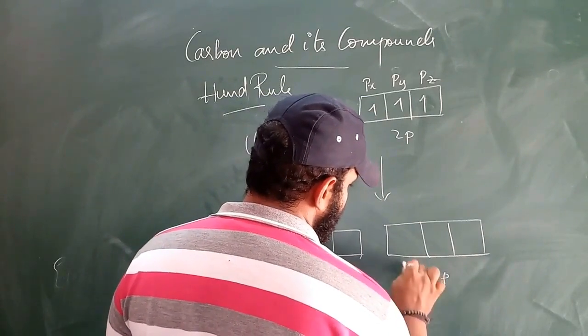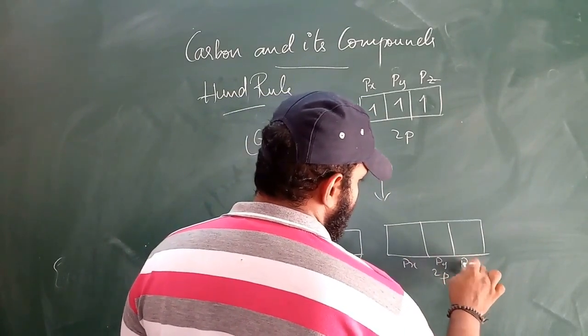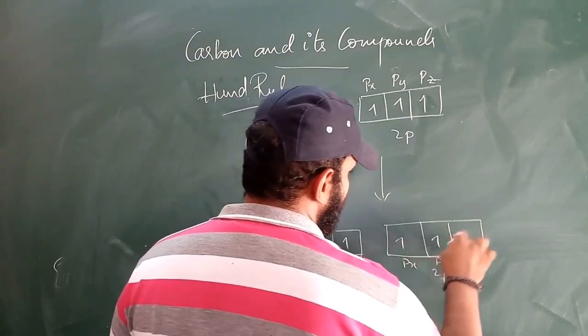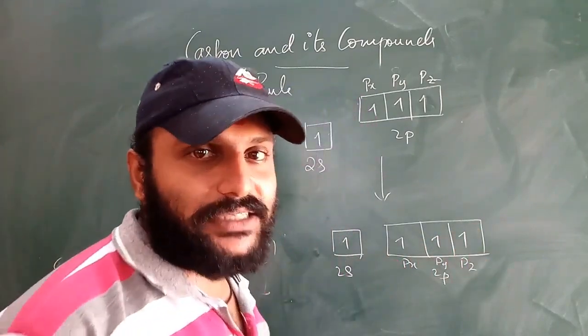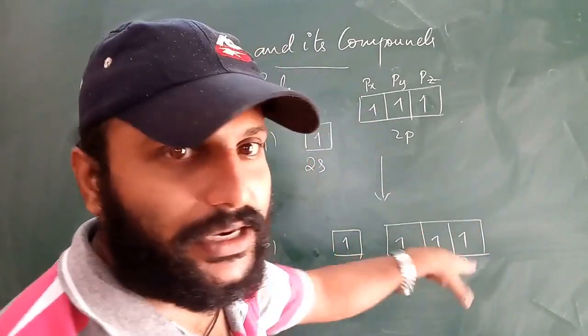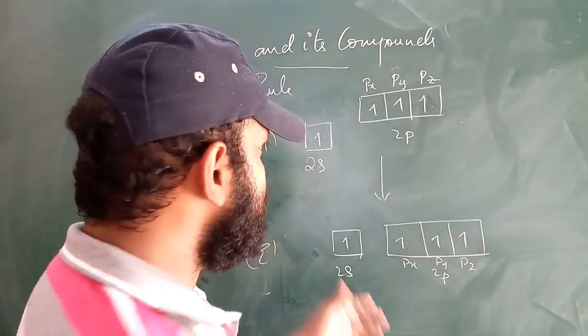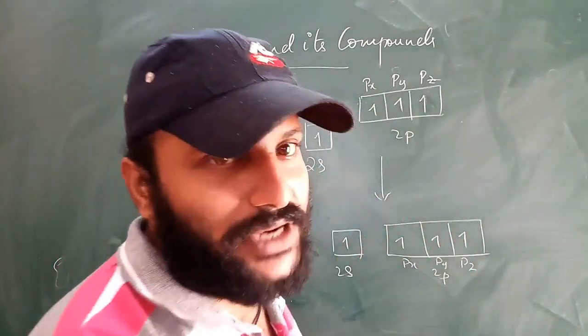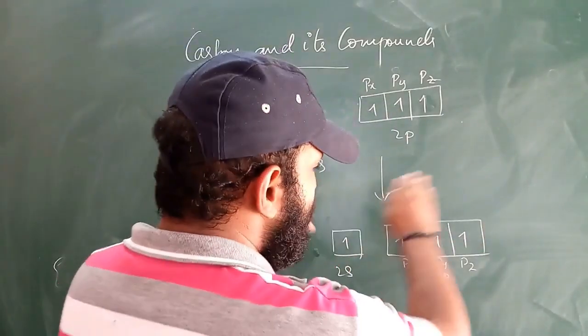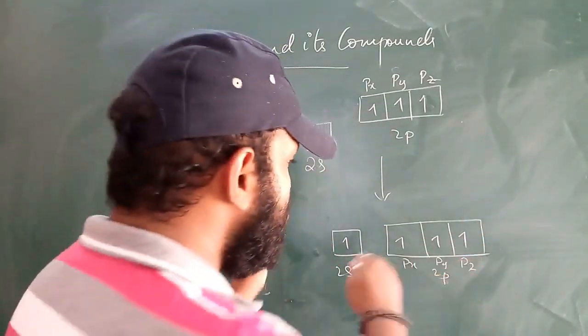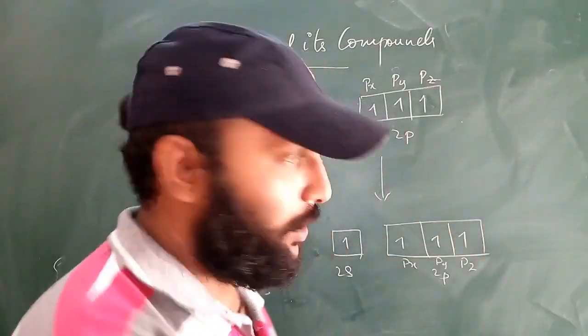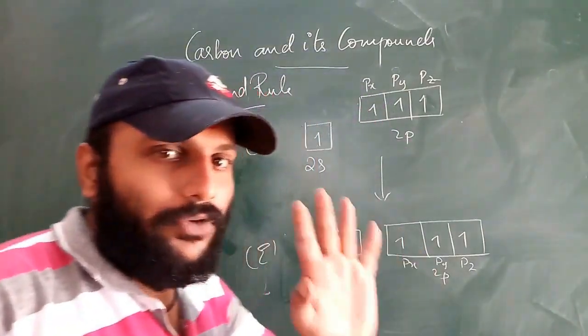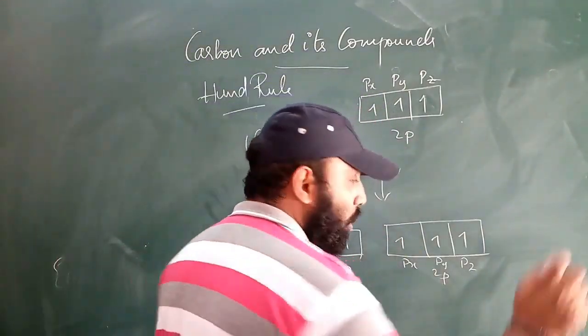These 2p orbitals, px, py, pz. After hybridization only, electrons will enter those orbitals. Okay. Once it is in the ground state, at that process what will happen? The hybridization process takes place. All the orbitals will gain equal energy. At that time, 1 electron will enter into each orbital. So it has got 4 unpaired electrons. Now it is called what?